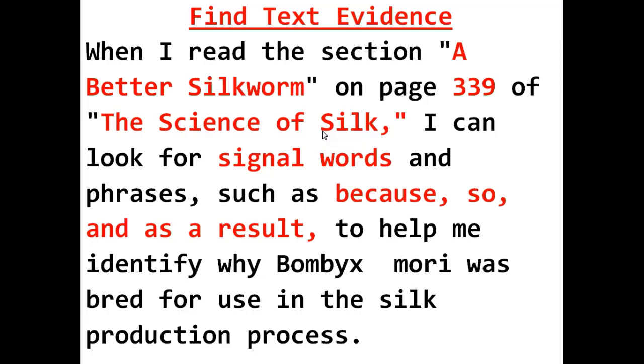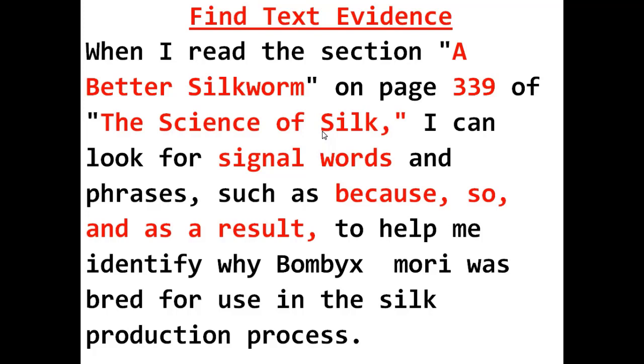Find text evidence. Find proof and evidence from your text. When I read the section A Better Silkworm on page 339 of The Science of Silk, I can look for signal words and phrases.